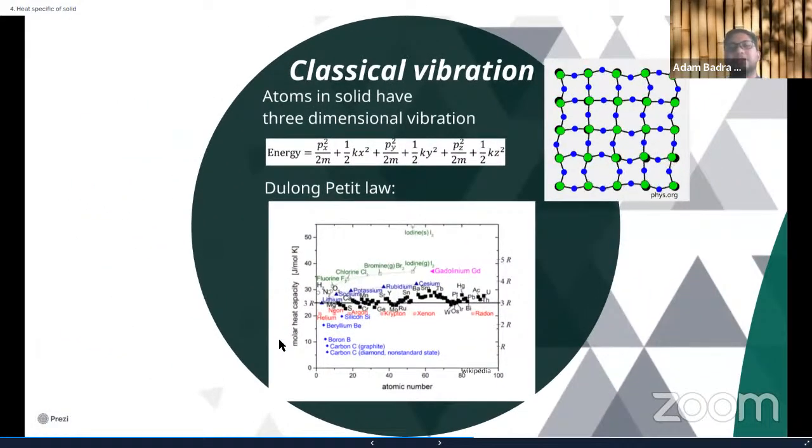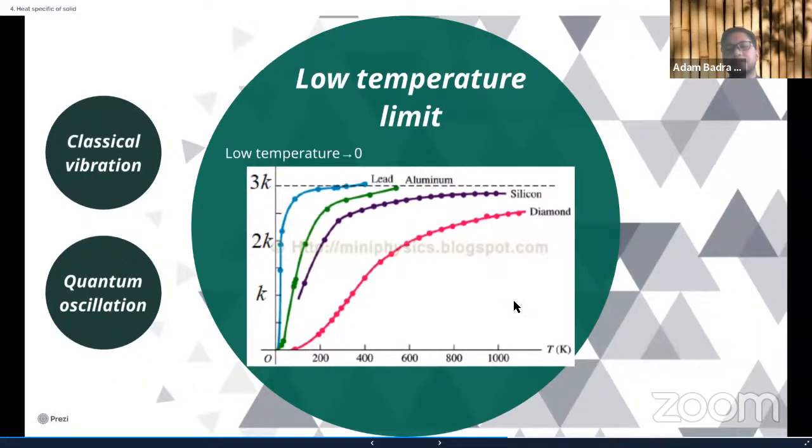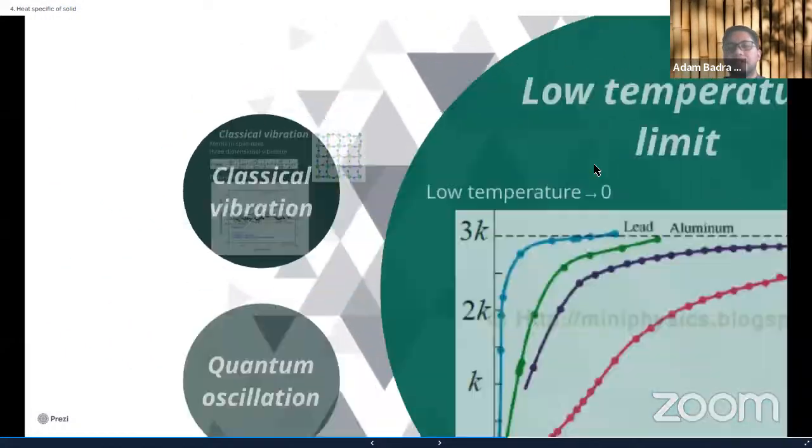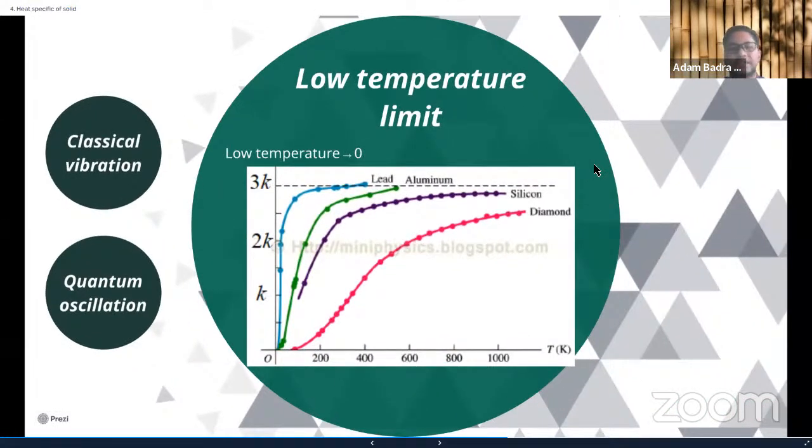In classical vibration, they should have a constant value, but in quantum we need to take it as a vibration, an oscillation. So have all of you studied quantum physics? How many among you have already studied quantum mechanics?